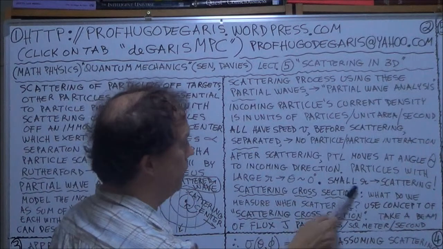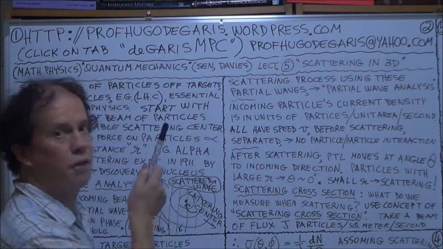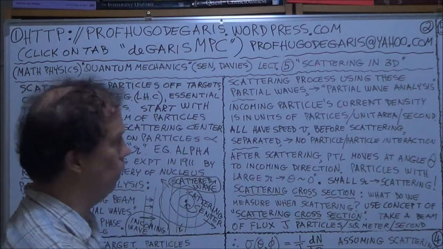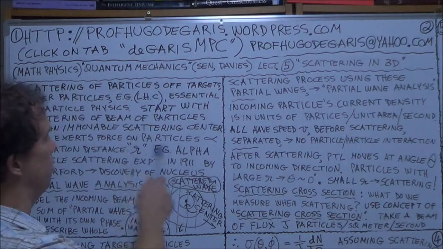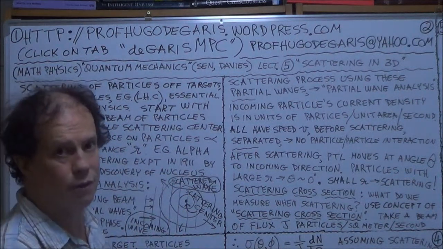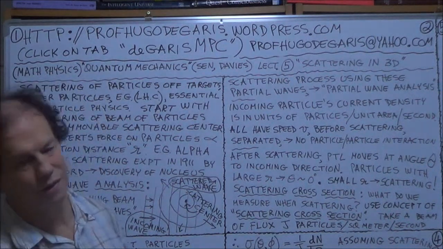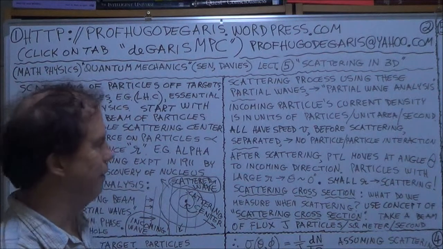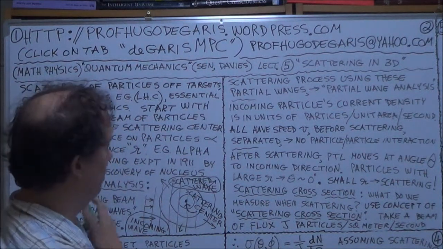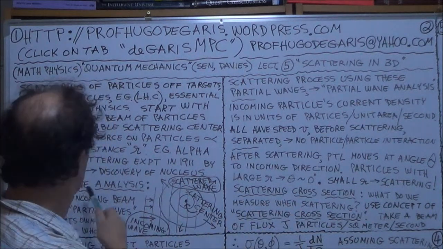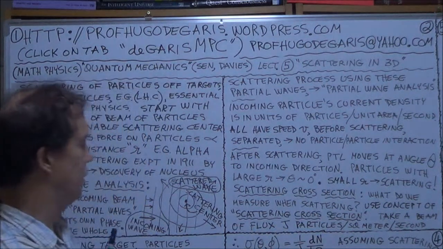But if that distance r between the scattering center and the particle is small, then you expect quite hefty scattering. That was certainly the result with Rutherford's famous experiment. When r was very small, your alpha particles got bounced right back.